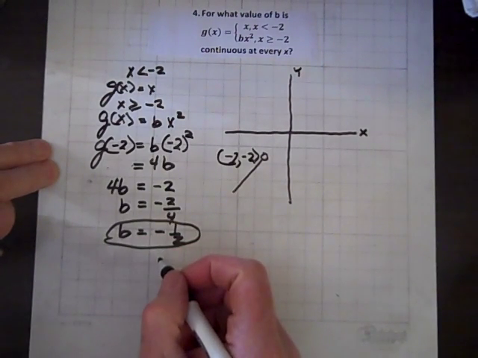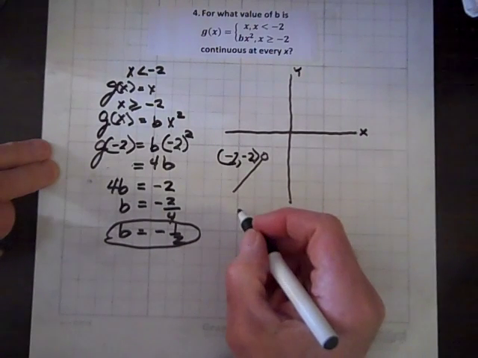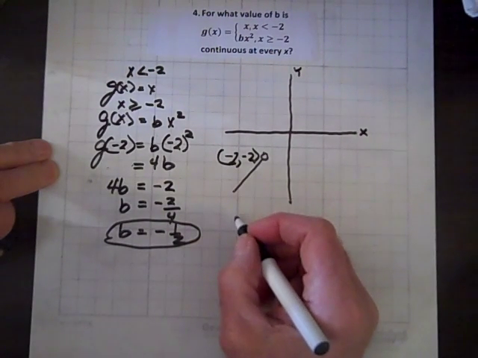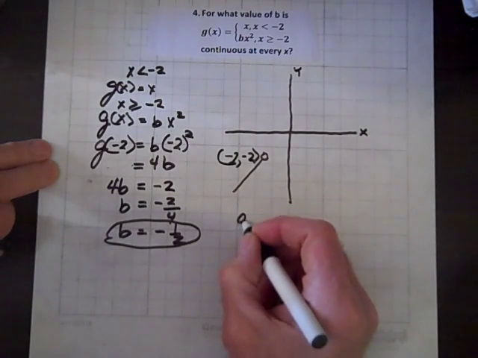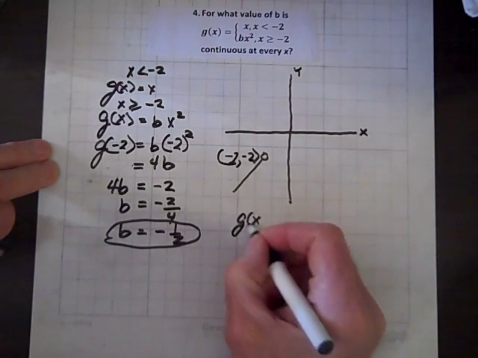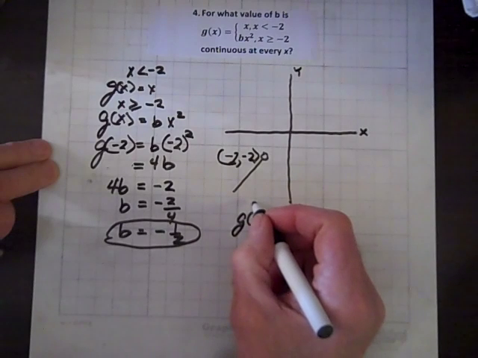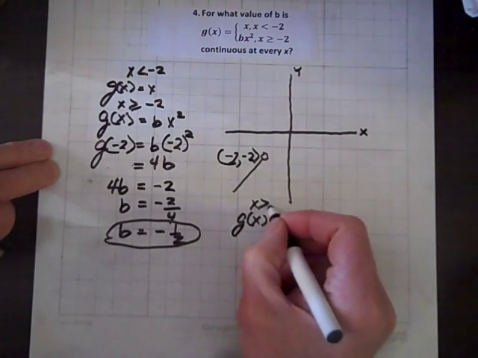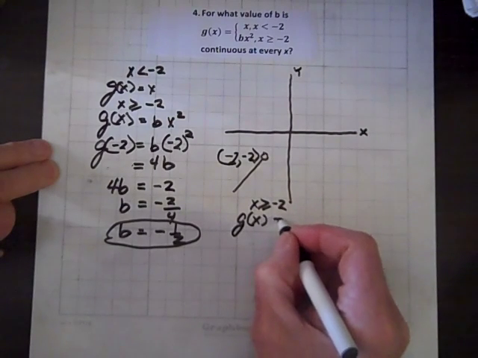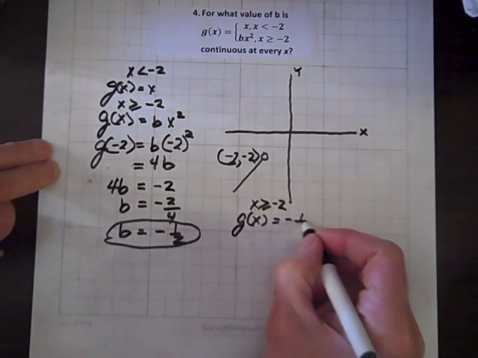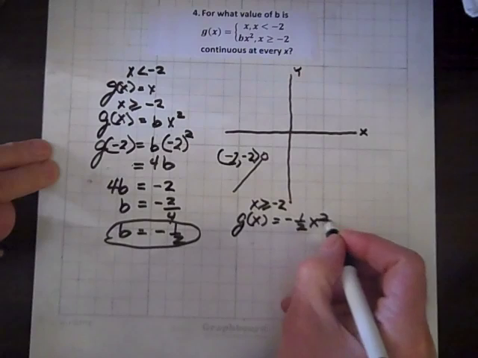And that's the value of b we need, but let's just check it out. Let's replace b with negative 1/2. So g of x, for the interval x greater than or equal to negative 2, equals negative 1/2 x squared.